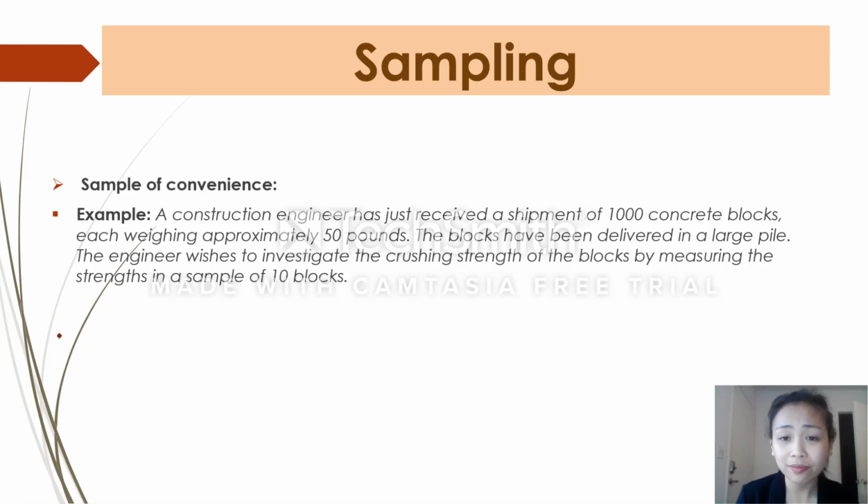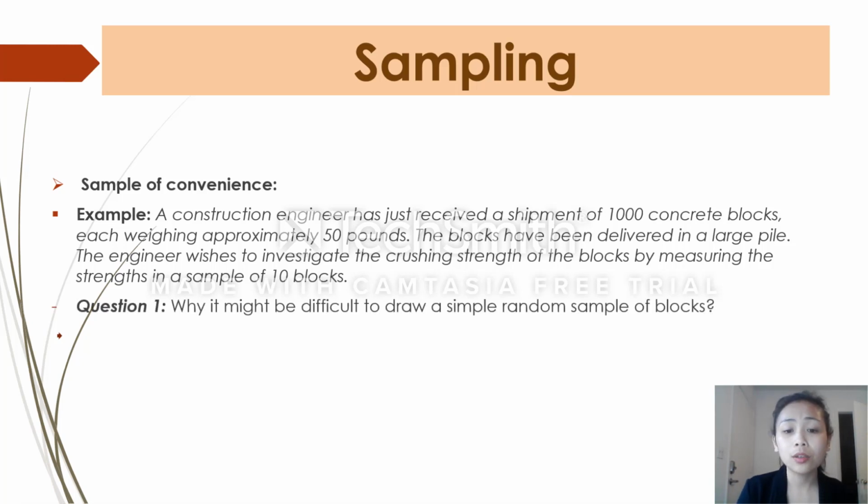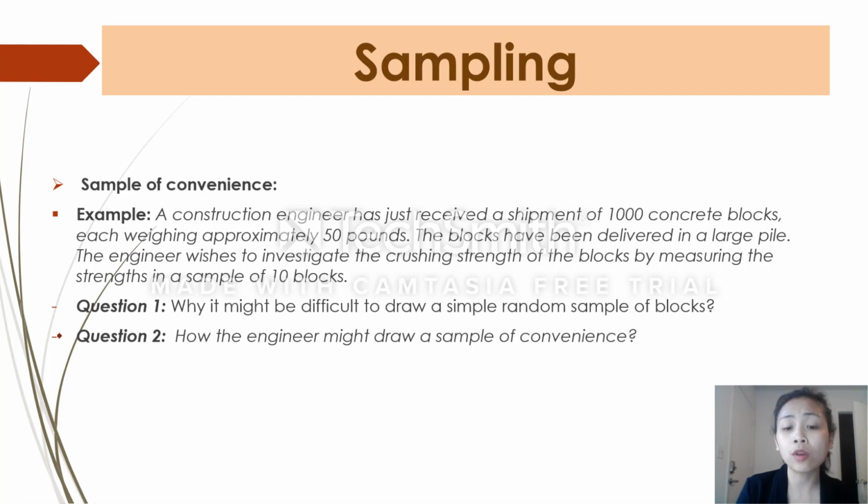So in this situation, if you want to collect a random sample, you really have to remove the blocks and remove the blocks to collect the 10 blocks randomly. But it's very hard for the engineer. Removing the blocks is not easy. So in this case, it's difficult to draw a random sample. So instead of drawing a random sample, we think about a sample of convenience.